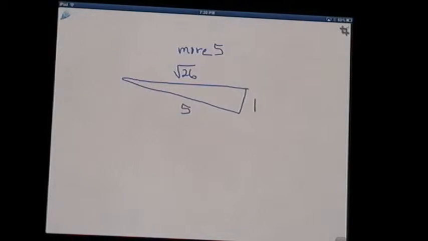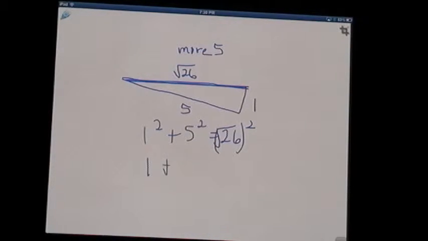So this is our longest side, so we know that's going to be c squared. So we're going to say the square root of 26, squared, and then we're going to put 5 squared and 1 squared. 1 squared is 1, 5 squared is 25, and the square root of 26 squared is 26. 26 does equal 26, so this is a right triangle.